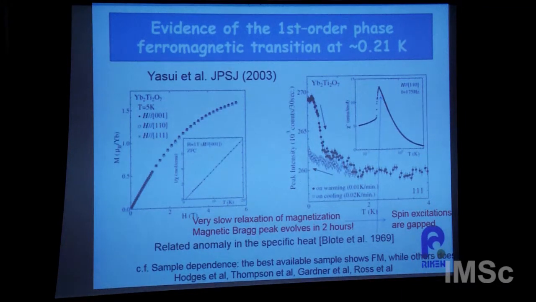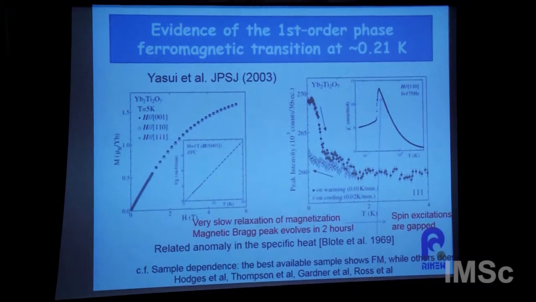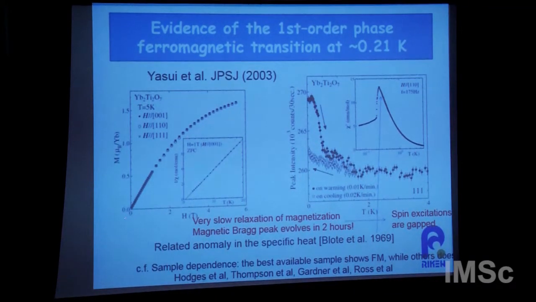This is a kind of soft magnet, so that the slope is finite, at least at 5 K. But in any case, there is some feature, and this indicates some kind of small magnetic anisotropy from these magnetization curves. But this is not really true. The magnetic anisotropy is quite large, as I already explained when we introduced the model. But in any case, it looks like a soft and isotropic magnet.